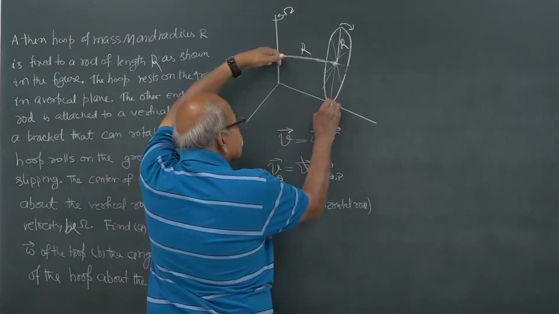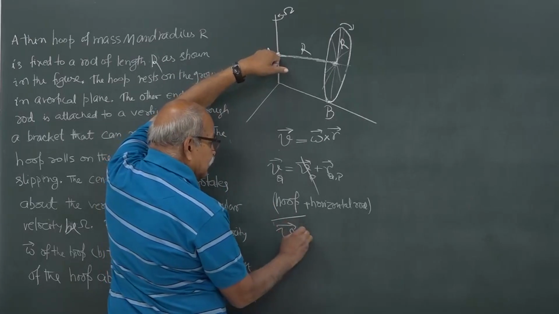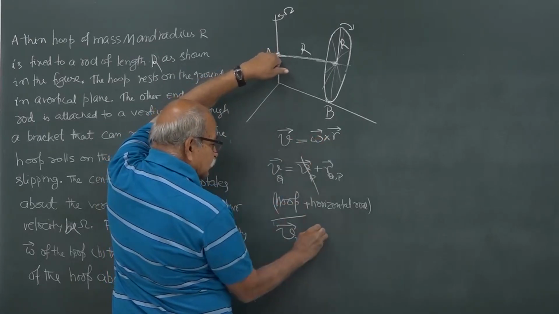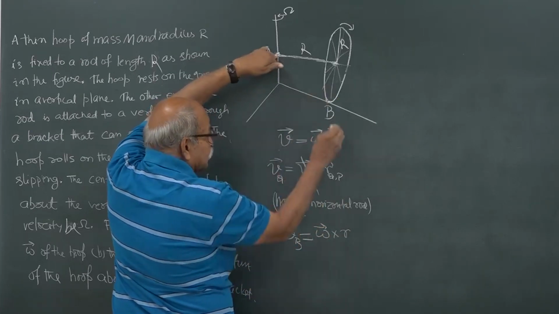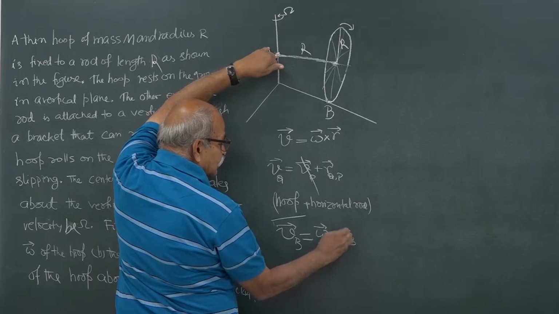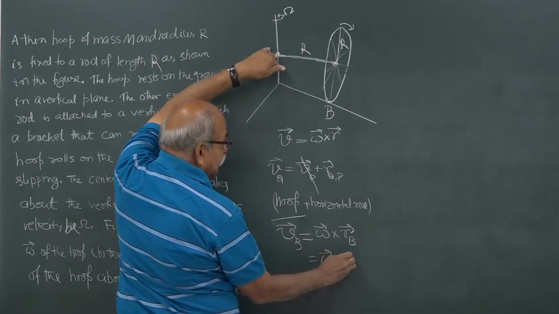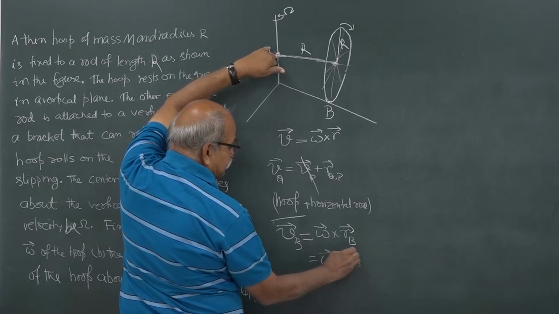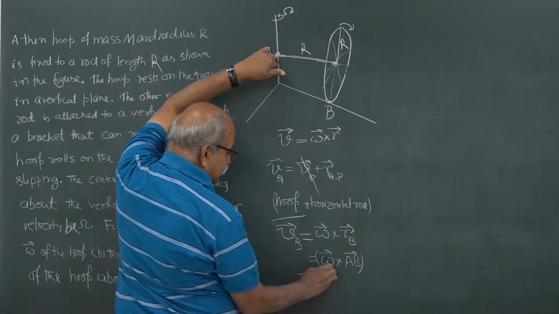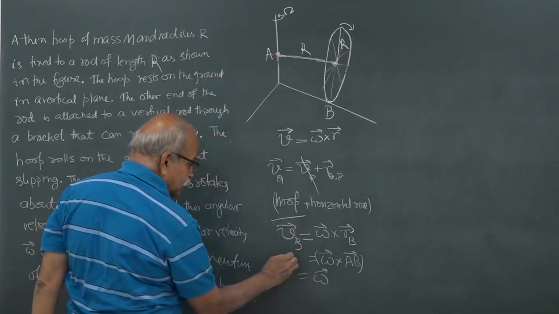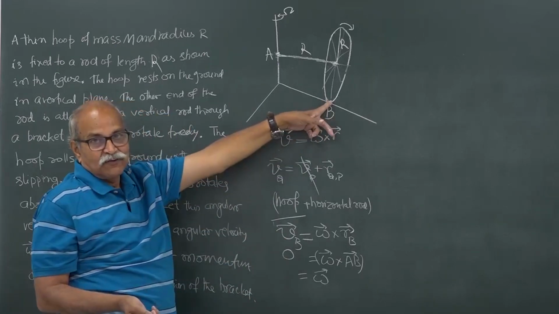Now, for point B, it is rolling without slipping. So, v of B should be equal to omega cross r of this point B, and that is equal to omega cross AB vector, and this is 0, because at point B there is no velocity, it is rolling without slipping.